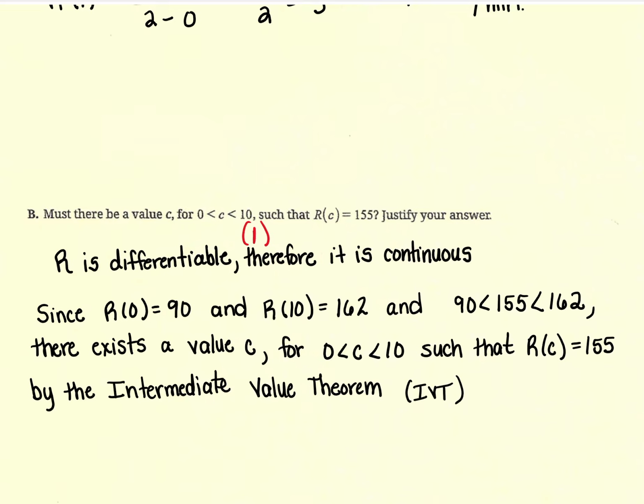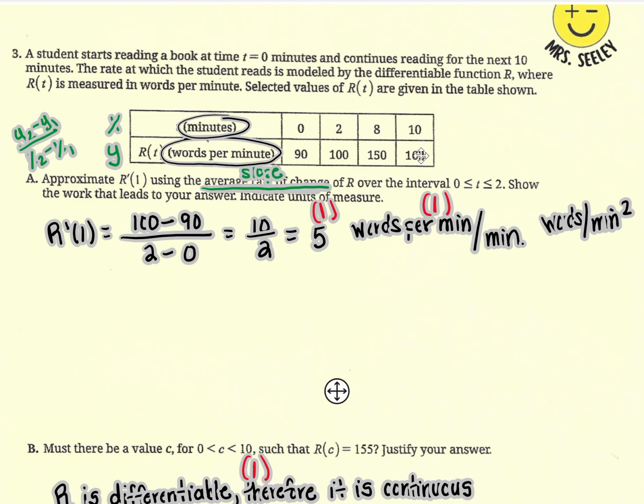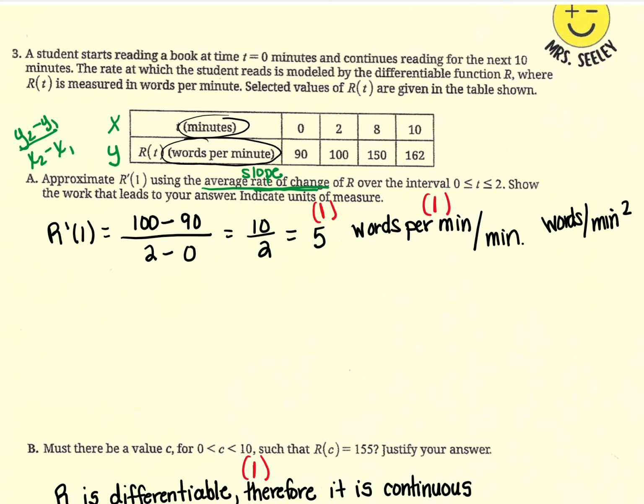Then we know from 0 to 10, let's look at what the values are. So if I go back up here to my table, at 0 we're 90, and at 10 we're 162. And they just want to know, are we going to be 155 somewhere in that interval? Think of it in terms of this.